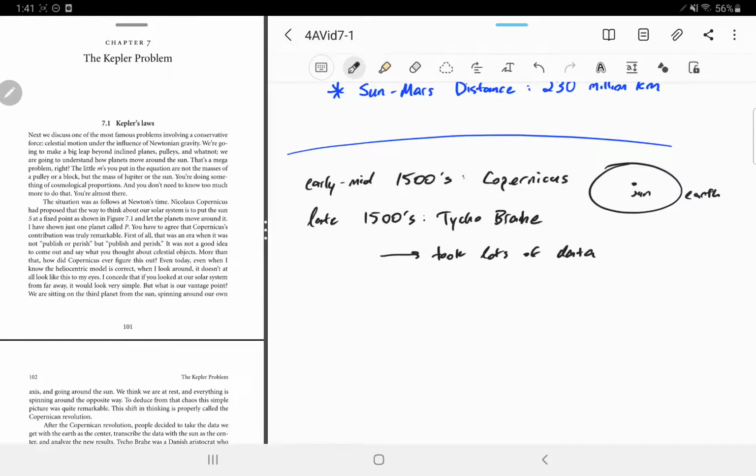And Kepler, who was his student, in the early 1600s, used this data, continued taking a lot of data, and overall finally was able to sum up all of these observations in three laws of motion. So Kepler continued taking data, and formed three laws of planetary motion.